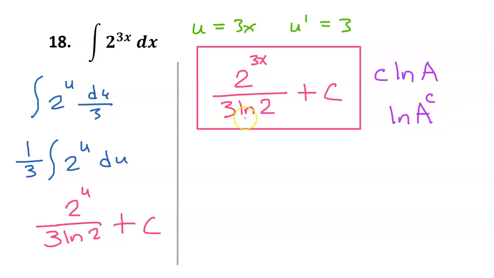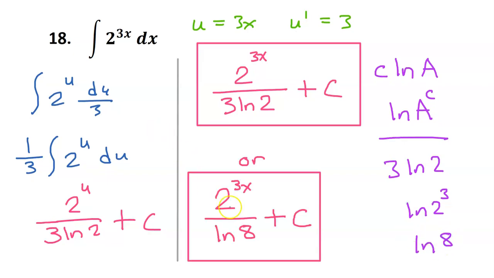So imagine that I did that right here. I have 3 natural log 2. Can you see this would be the same thing as the natural log of 2 to the 3rd power, because I can take the 3 and put it as an exponent. And we know that 2 to the 3rd power is 8, so this would be the same thing as the natural log of 8. So here is the version of the answer that you would more likely see as a multiple choice option.